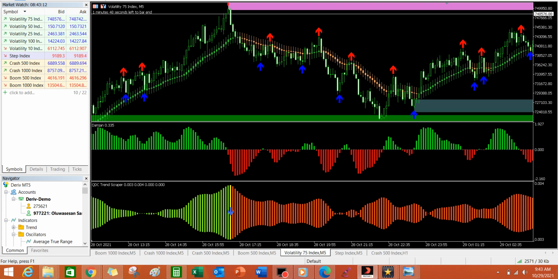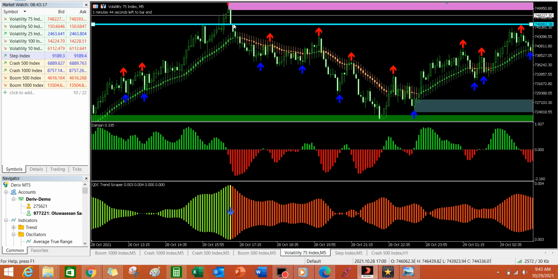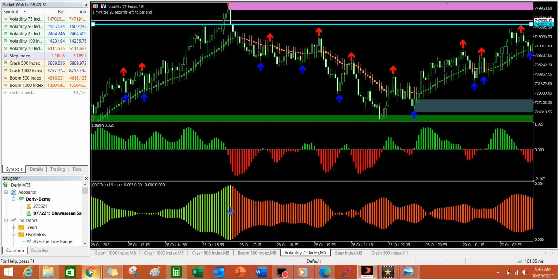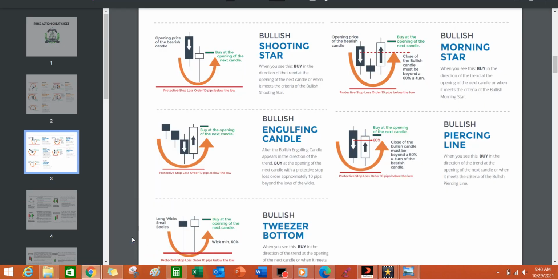This is where you should place your entry order, at the opening of this next candle, which is this. So you should start selling from there, and you can sell from there till this level. So you can always find all this on the chart if you know what you are doing.